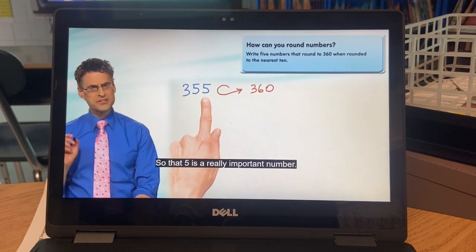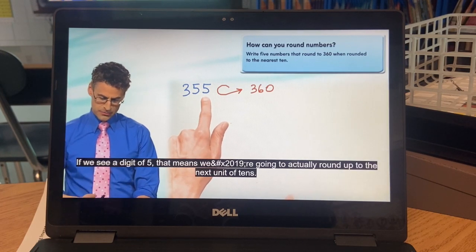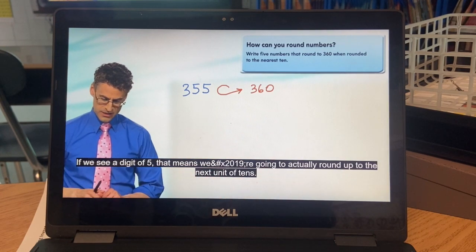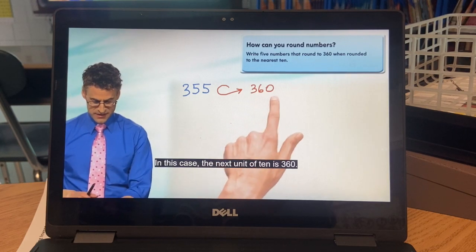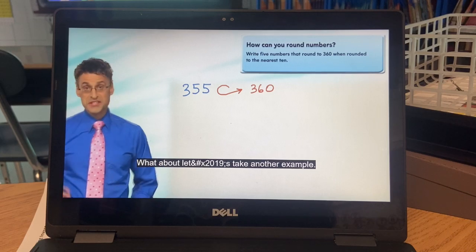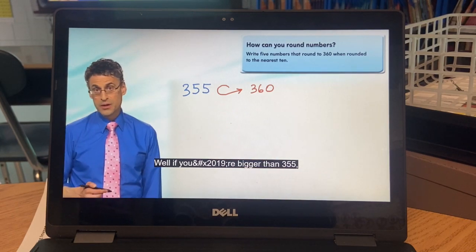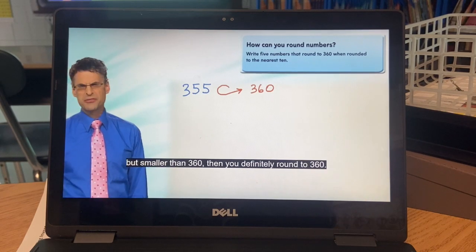So that 5 is a really important number. If we see a digit of 5, that means we're going to round up to the next unit of tens. In this case, the next unit of 10 is 360. Okay, let's take another example. If you're bigger than 355 but smaller than 360, then you definitely round to 360.